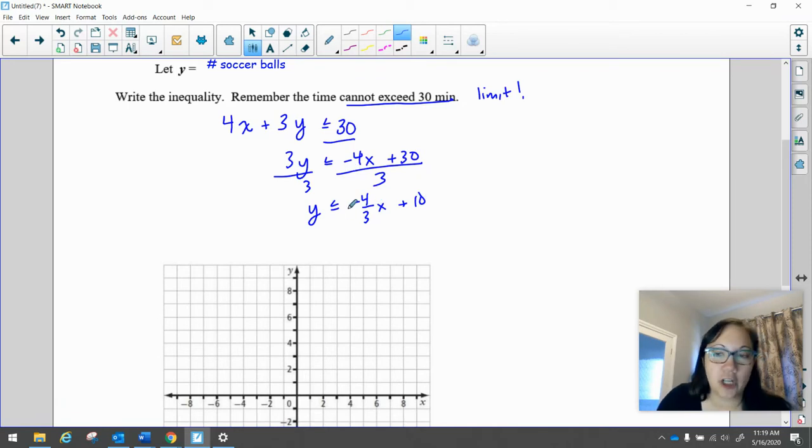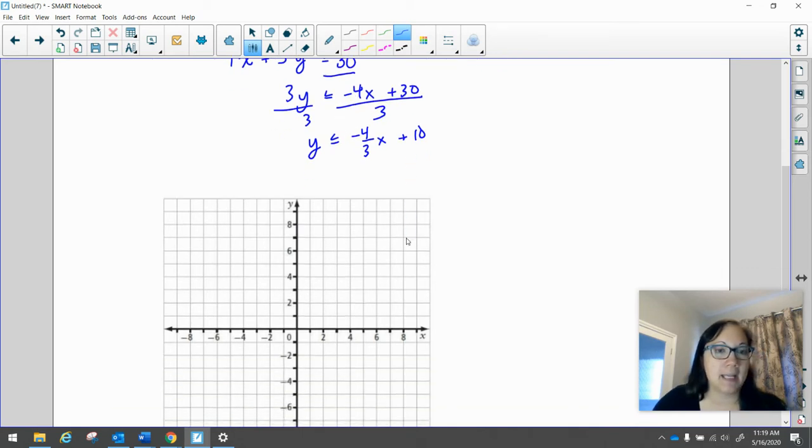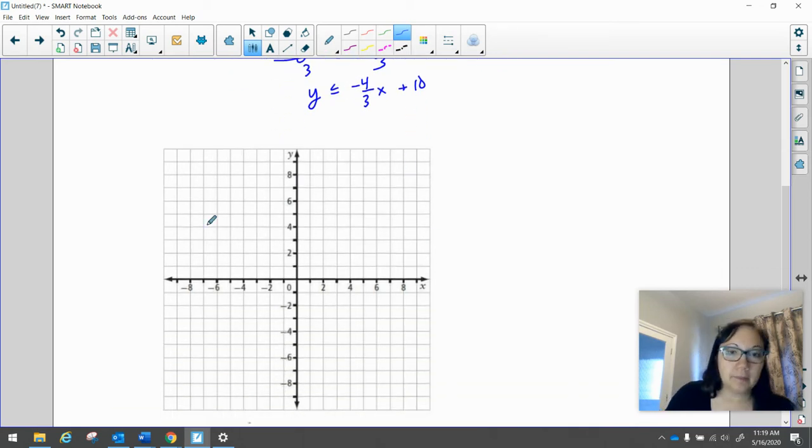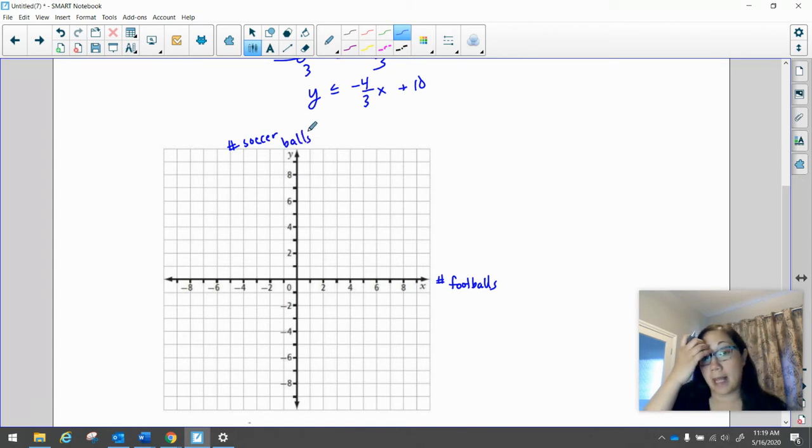I did not have to change the direction of my sign because I divided by a positive. So that was able to be maintained. I'm just going to label along here to what I defined. So I'm going to reiterate that my x-axis is the number of footballs and the y-axis is the number of soccer balls. Okay, so I'm going to go ahead and graph some of my information.